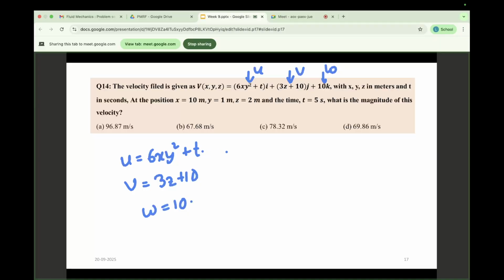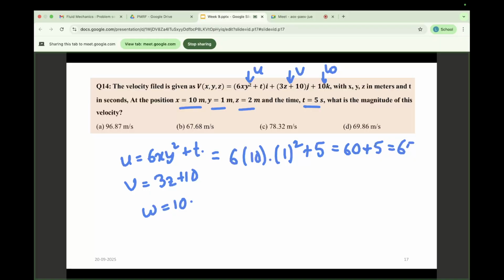So now this x, y, z and t is given. I can put 10 in place of x, in place of y I can put 1 square, and in place of t, plus 5. So that means here 60 plus 5.